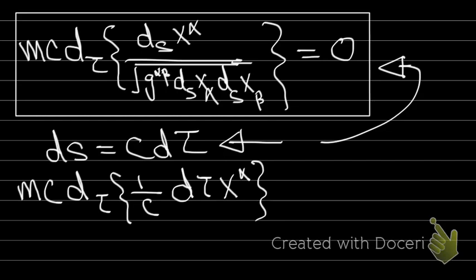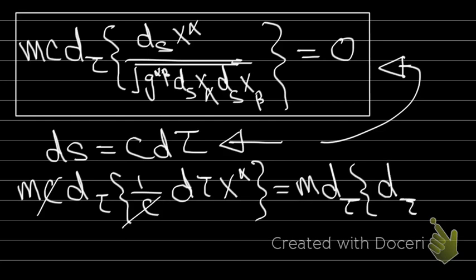And now from here, if you go on, you'd see that your c and c go away, and you're left with m times the derivative with respect to proper time tau, and of course then the derivative with respect to proper time tau of x alpha. This is just the derivative acting 2 times, so we can write it as a square.